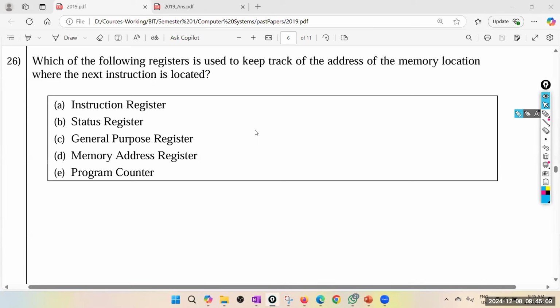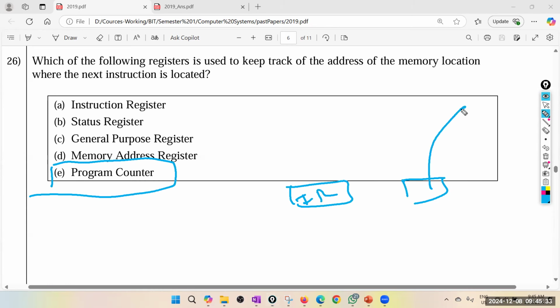Instruction register, status register, general purpose registers, memory address register, memory address buffer, or program counter. So the answer is program counter. Why? Remember, this is your instruction register. This is your program counter.